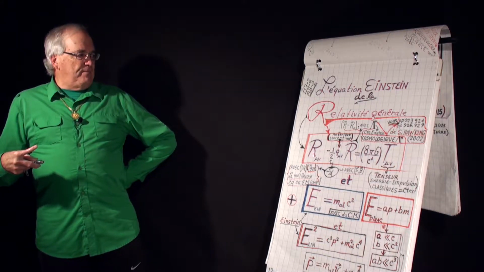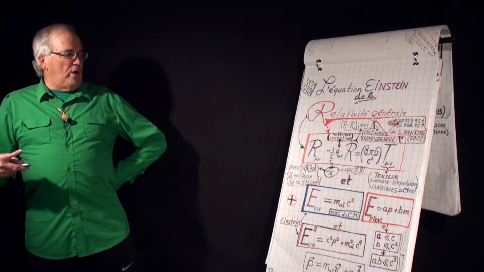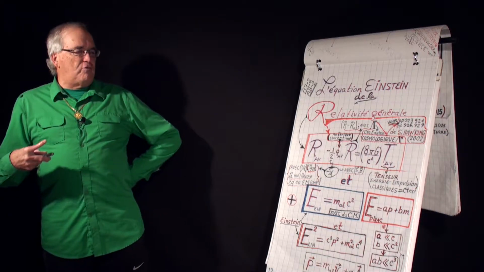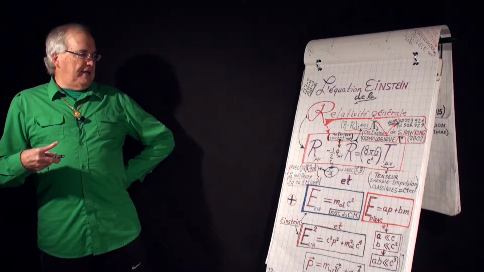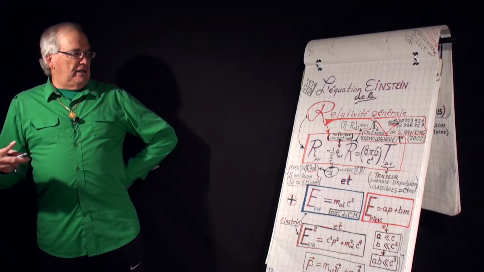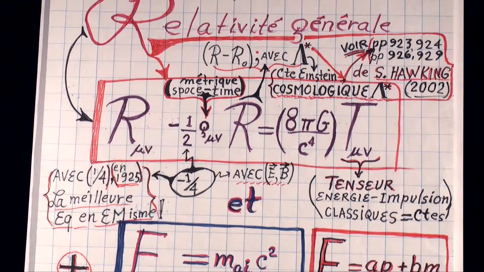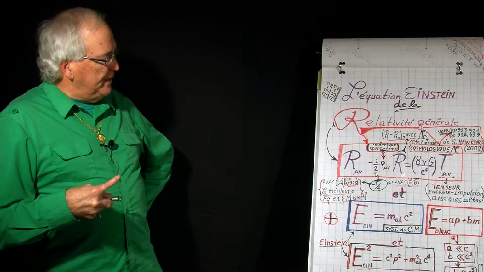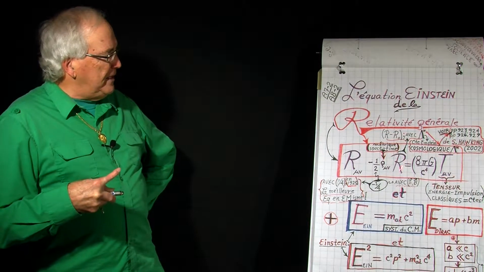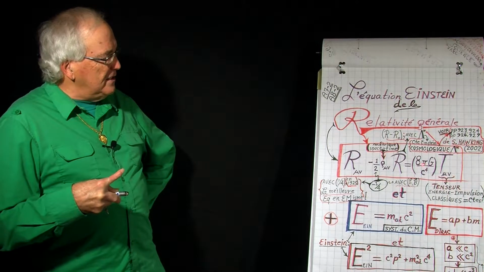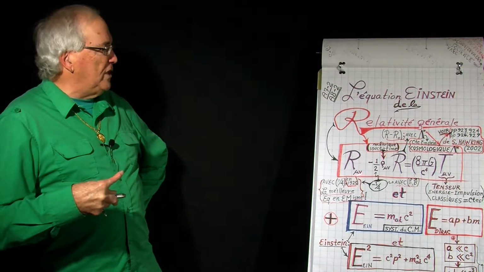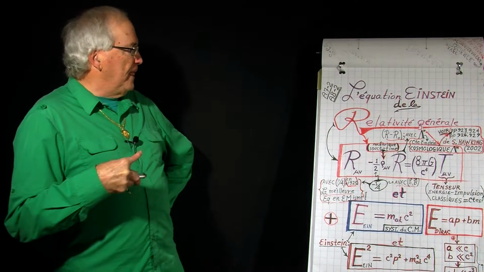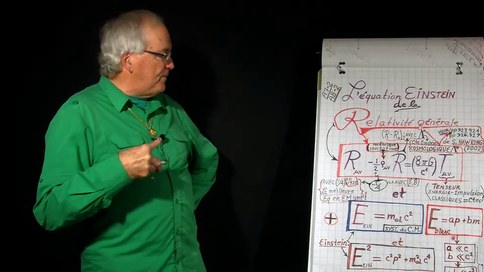realized that in order to have an equation that will remain true when there are large masses, he made the relation between gravity and acceleration, and he realized that the movement of mass will be determined by the presence of mass and energy that will curve the fabric of the universe, the space, if you will.